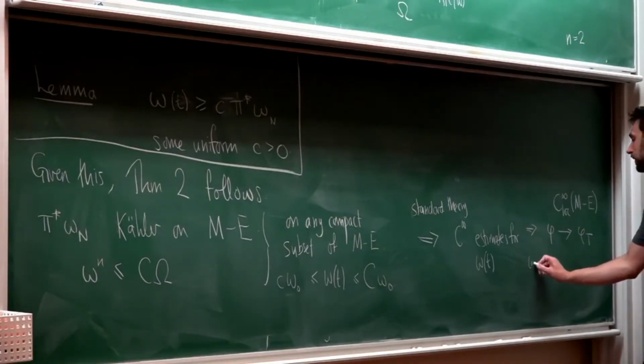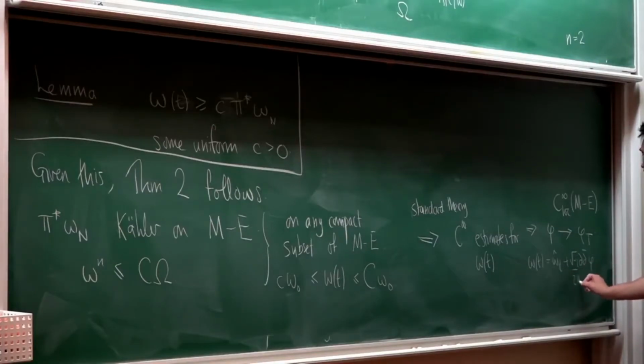And therefore omega t, which is omega hat t plus dd bar phi, divided by 2 pi. Well, omega hat t is a smooth family of 1-1 forms, so this will converge to omega hat t plus dd bar phi t, and that's going to be a smooth scalar metric on that compact subset.